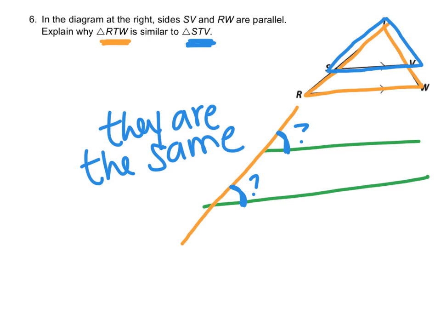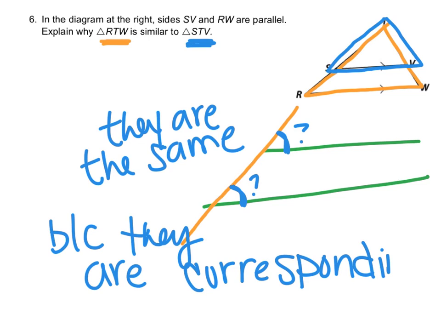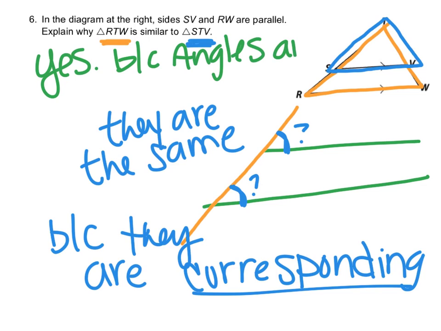They would fit on top of each other because they are corresponding. Corresponding angles are the same, which means in the end, I would have to say yes, they are similar because the angles are congruent. Corresponding angles are congruent, so that would mean my triangles are similar.